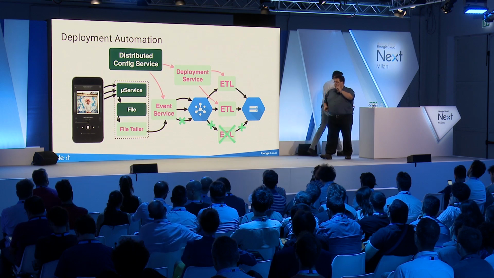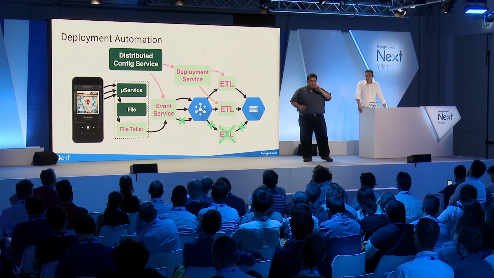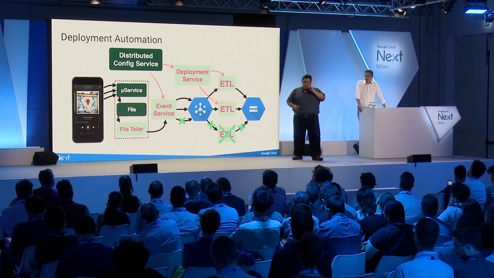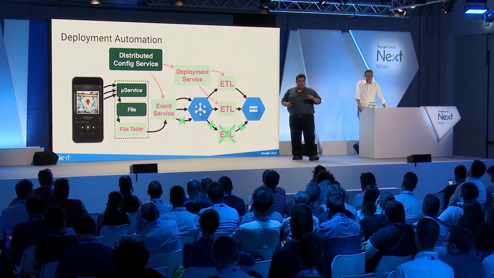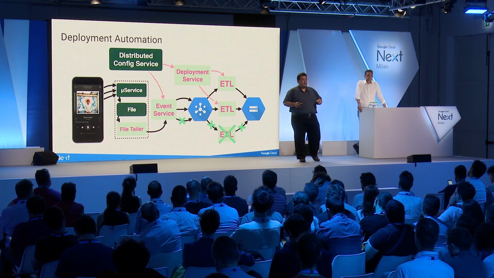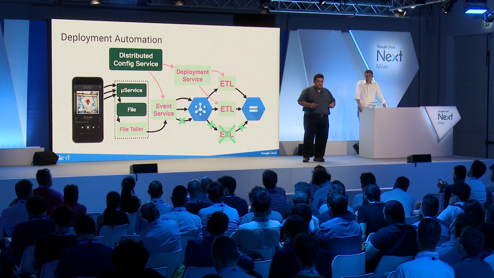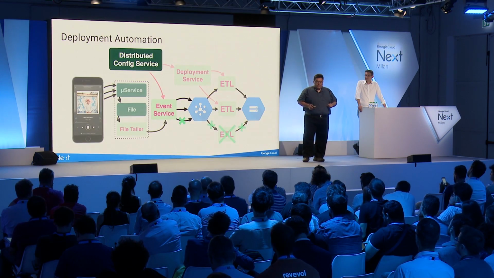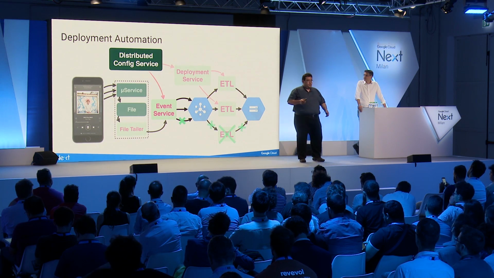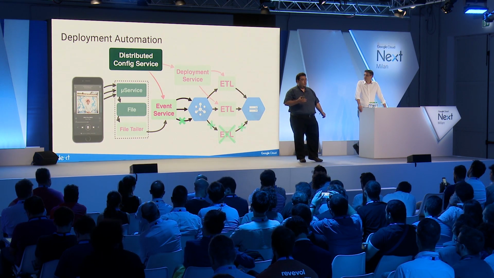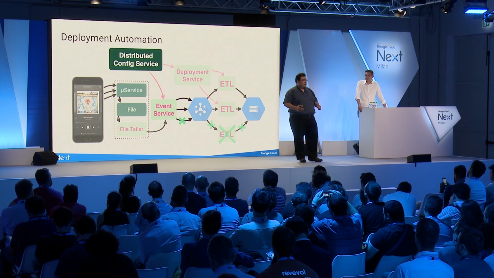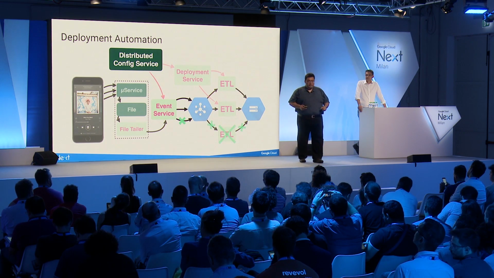Okay, so going back to deployment automation. We have the events defined in the system, we have a distributed config service, and we use this first on the event service to populate the whitelist, so we are able to reject those that are not in this whitelist.